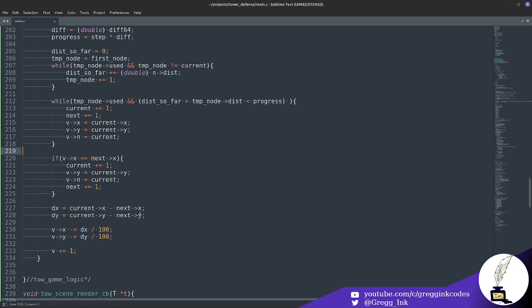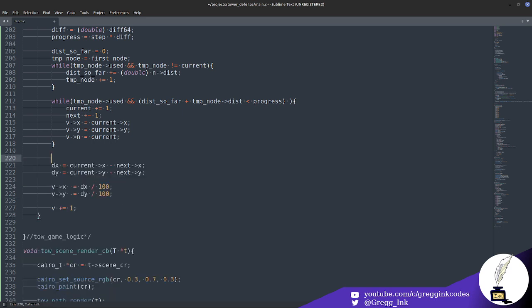Then if AX smaller than next X, that's redundant now. We don't need that anymore.